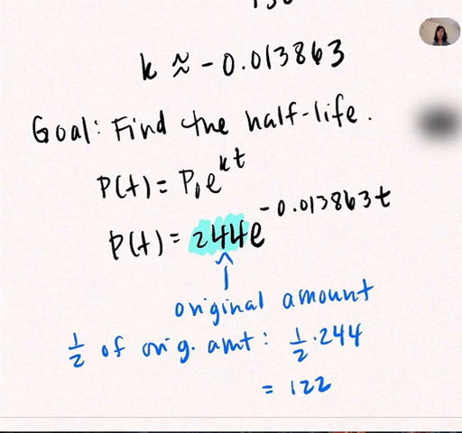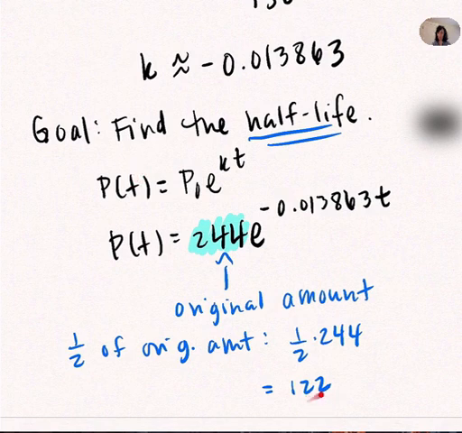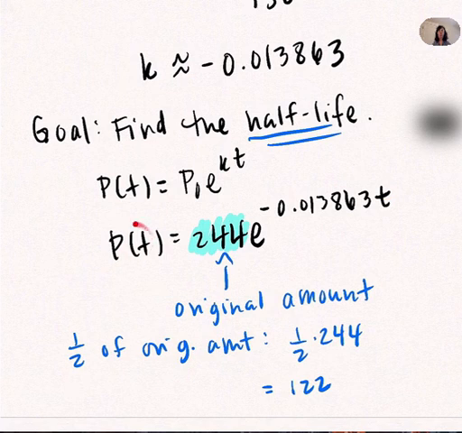So to find the half-life, we can figure out the amount of time, or the t, when the output here is 122. We can figure out the time you would have to plug in for the output of this function to be 122, 1/2 of the original amount.